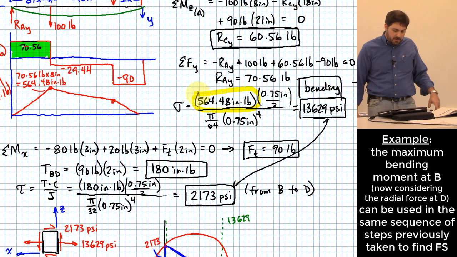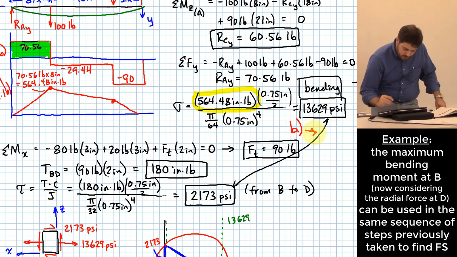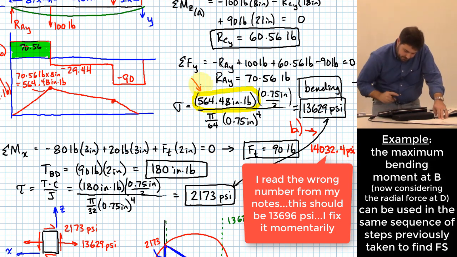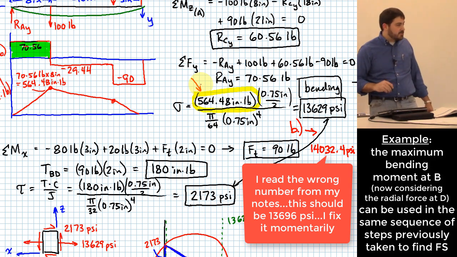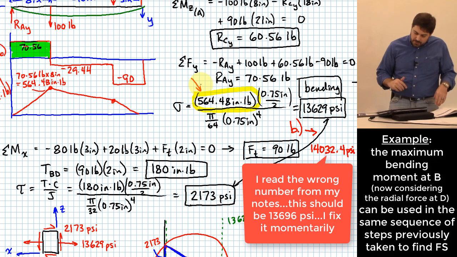It went right there, changed my flexural stress. My new flexural stress for part B ends up being 14,032.4 psi by plugging in 567 in there instead of 564, basically. Then where do I chase that from there?